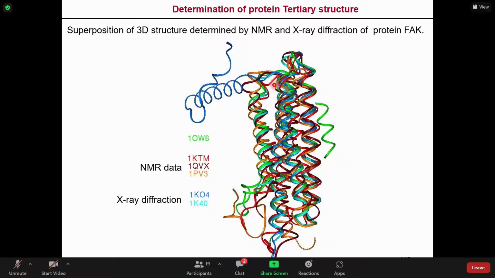And you also have the position of this helix, which is different in the crystal than in solution. So be careful when you have a 3D structure. You have to be aware of the technique used to determine it.